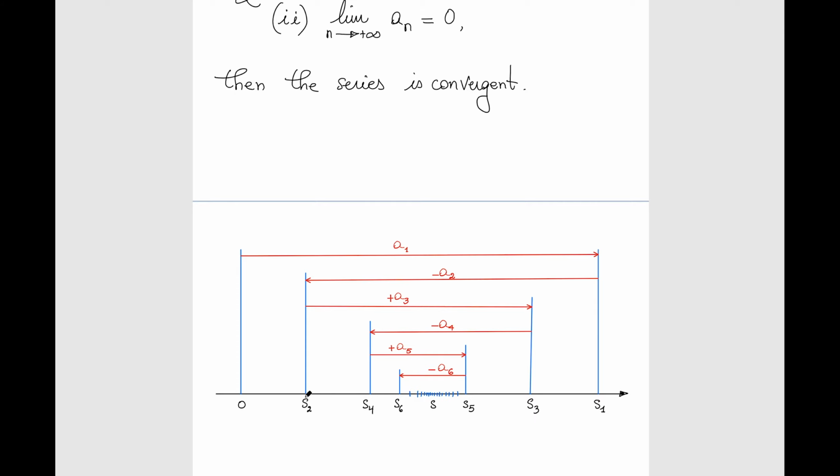You're back here, right? And then to get to the third partial sum, you add A3 to S2, and A3 is positive, so you're going right from S2. But you're not going too far from S2. By not going too far, I mean you're not going past S1. You're going to stay to the left of S1. Why? Because you're adding A3, and A3 is less than or equal to A2.